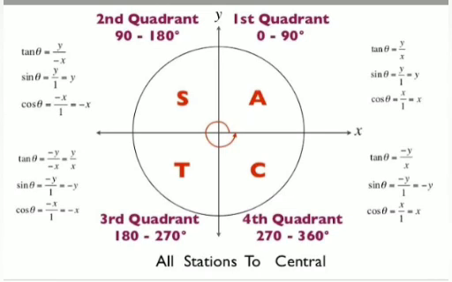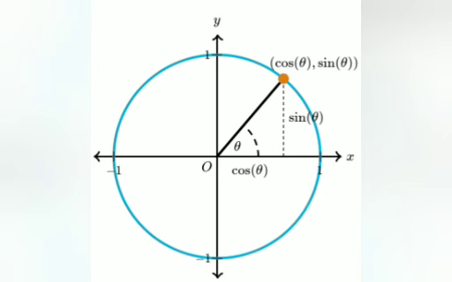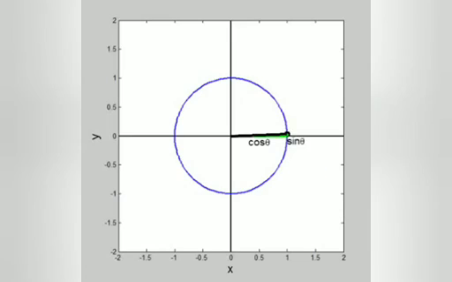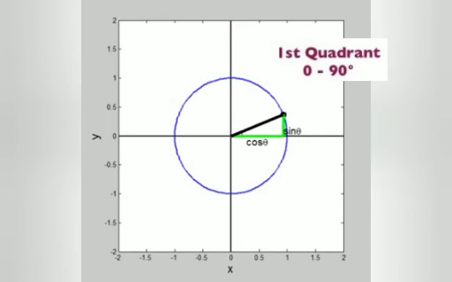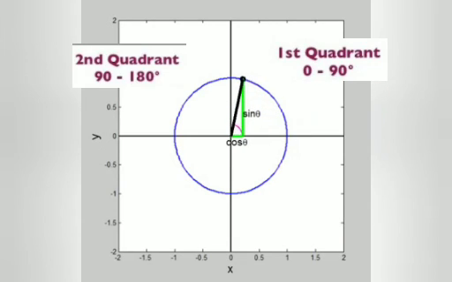Now we find how sine and cosine functions change in these four quadrants. In this right angular triangle, the base represents the cosine function and the perpendicular represents the sine function. As we move from 0 to 90 degrees in quadrant first, the sine function increases and the cosine function decreases.